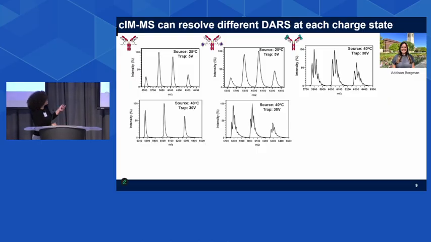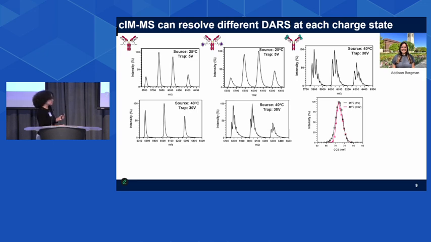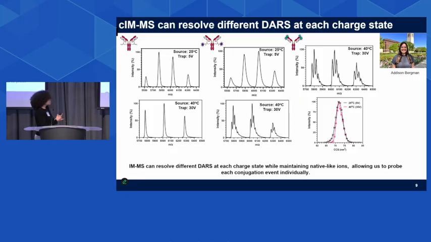And so here I'm showing the control at the same conditions, and by looking at the collision cross-section values of our control under these two conditions, we see no significant differences in their collision cross-section, which means that with this method that we developed, we are able to resolve the different DARs at each specific charge state while maintaining native-like ions, which allows us to probe each conjugation event individually.